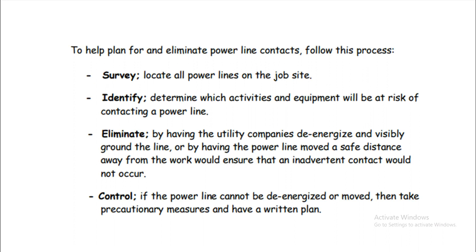For example, when you are dealing with power lines that you cannot de-energize, your plan is to provide isolation of that power line with sufficient distance. That means at all times any equipment and any personnel keep a safe distance from that power line. That is one example only.